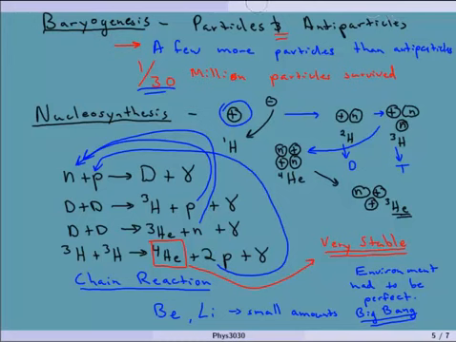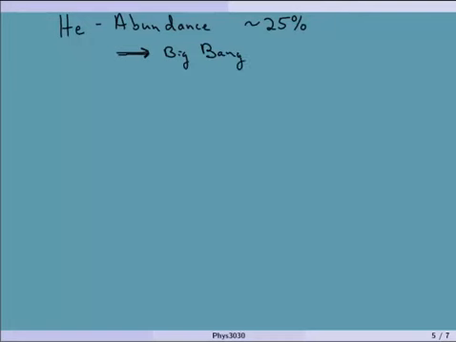Okay, let's see if I can erase this here. And so your book kind of makes a big deal about the helium abundance. It's about 25% of all of the nuclei that are in the universe are helium, and this amount really does sort of imply the Big Bang and tells us something about how long we were in the different eras.